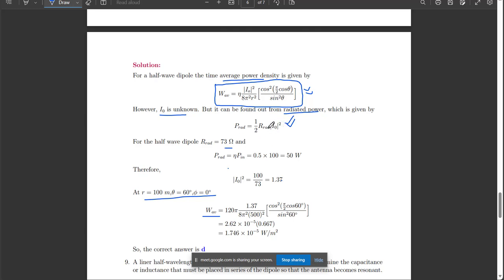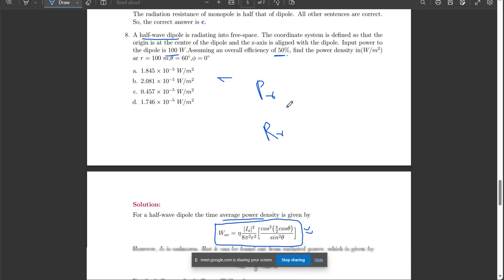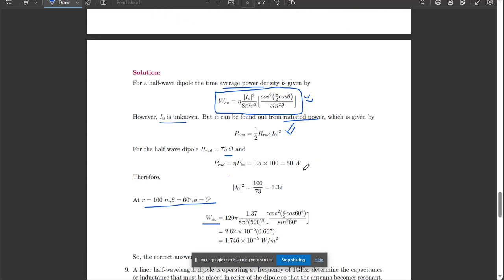We don't know the value of I naught, but we know the value of P radiated. P radiated is efficiency times input power. Overall efficiency is 50%, input is 100 watts, so the radiated power is 50 watts.